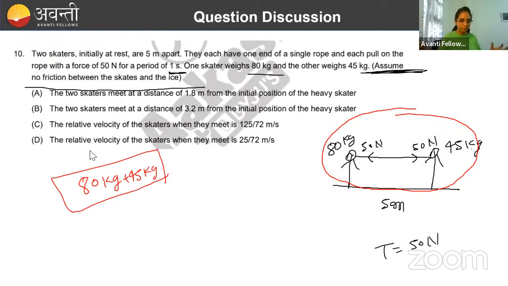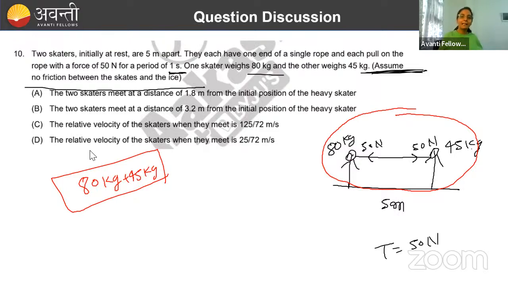So this rope is between the system. Done. So whatever tension force they are applying on the rope, this became internal force. ठीक है. तो ये internal force हो गया इन दोनों के बीच का. Now what is the benefit of identifying these two as a system? ठीक है. तो वो हम देखते हैं अभी.